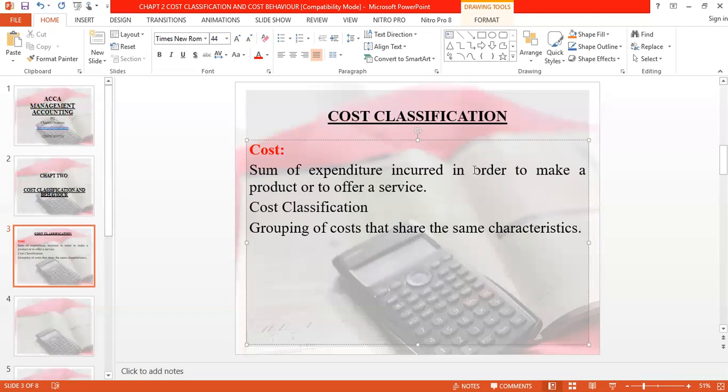So what is cost classification? Cost classification is the grouping of costs together. What influences the grouping? Costs that share the same characteristics are put in one category. So cost classification is the grouping of costs that share the same characteristics.